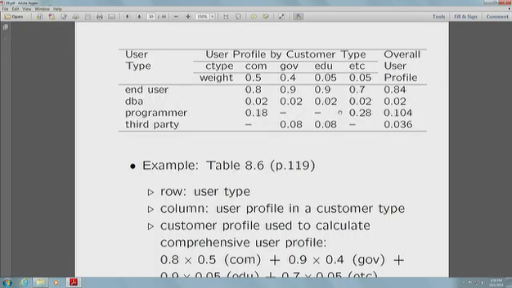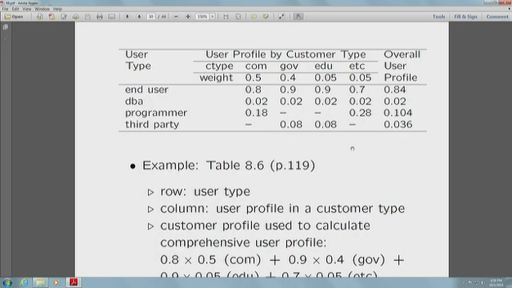Okay, over all the user groups, what is their probability? How much weight should you assign to each user group? For example, look at programmers versus third party. In some groups they have no representation here at all, but in other groups they do have some representation.